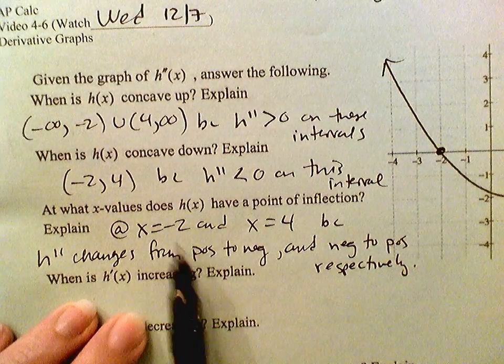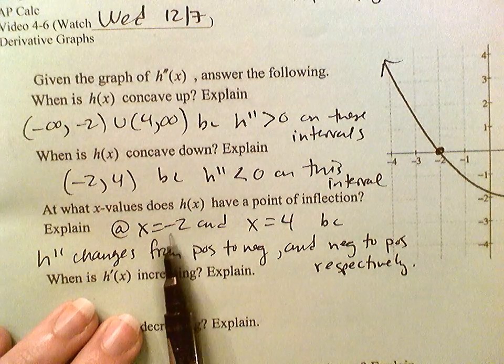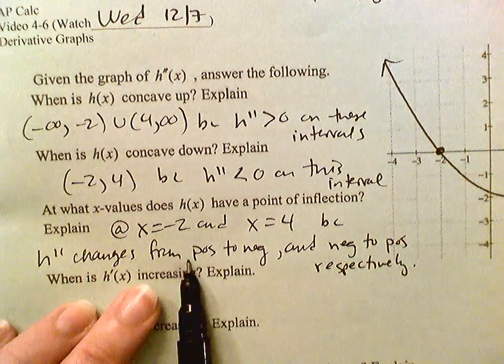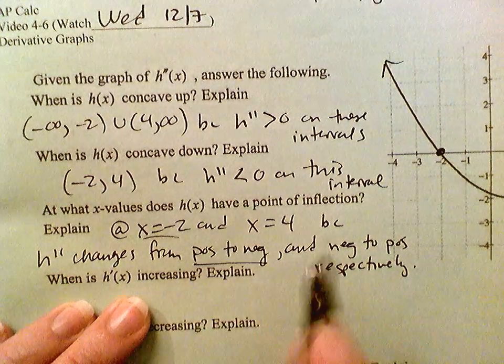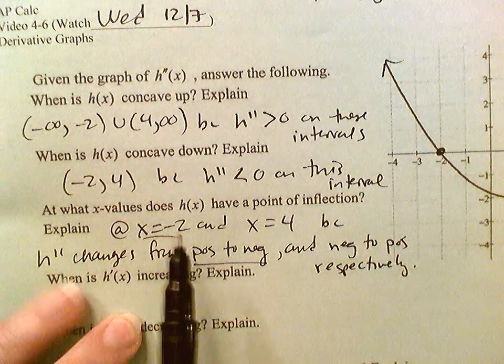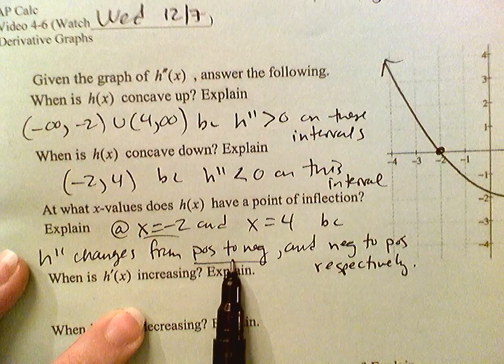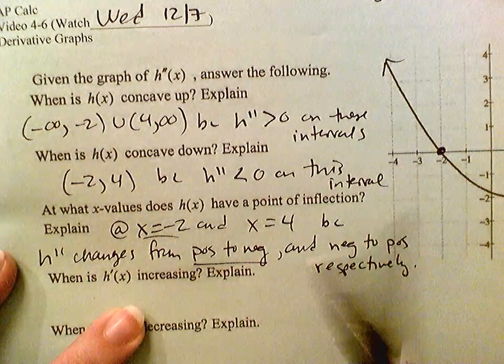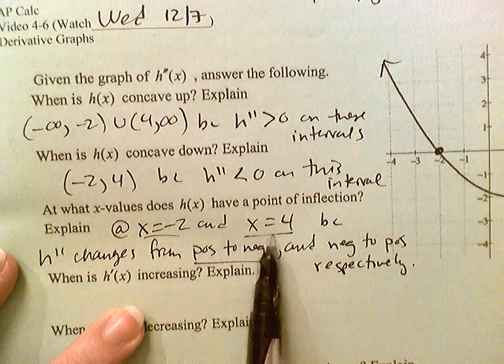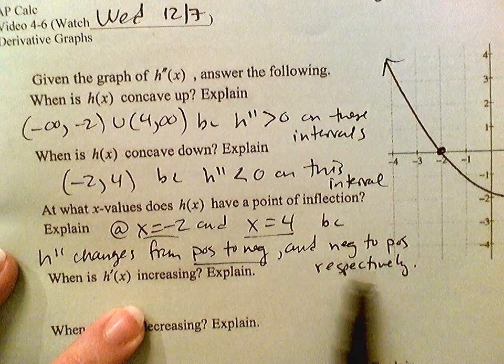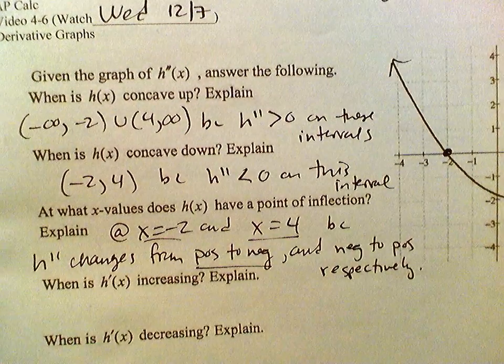Respectively means the one I mentioned first is how it's changing. So x equals -2 is positive to negative, and then x equals 4 corresponds to from negative to positive.